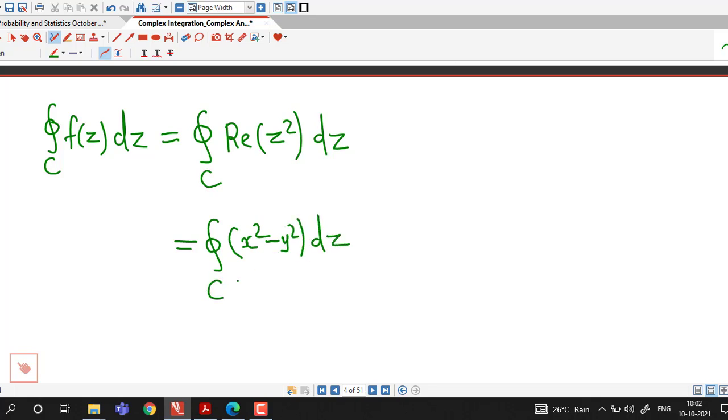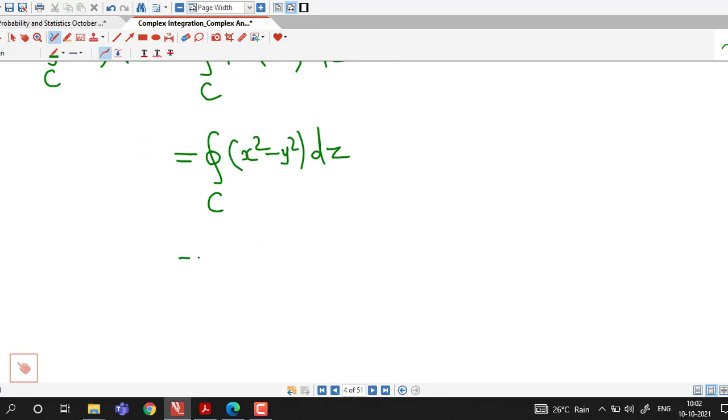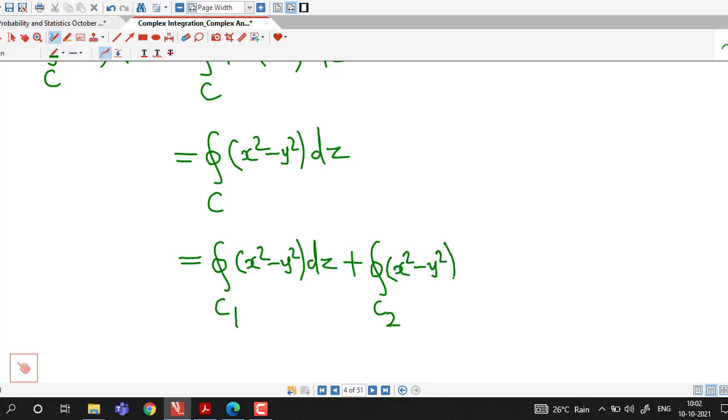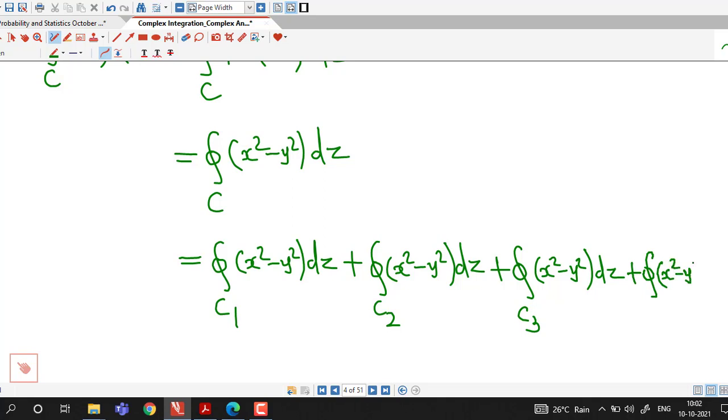The integral along contour C is equal to the integral along C1 of x square minus y square, plus the integral along C2 of x square minus y square with respect to z. Similarly, the integral of x square minus y square along C3 and the integral of x square minus y square along C4.